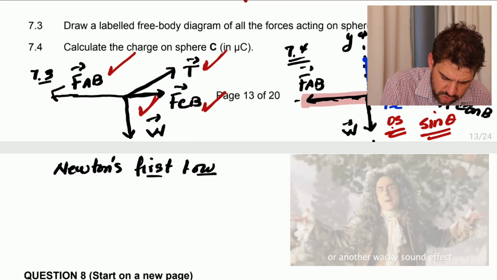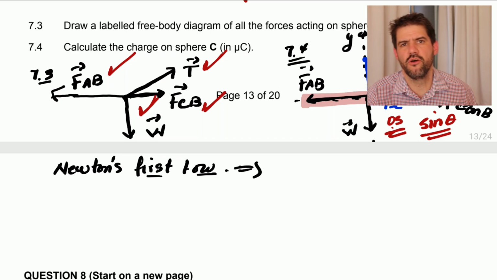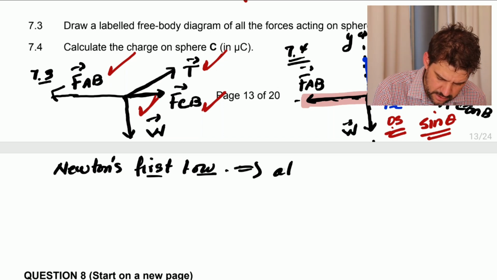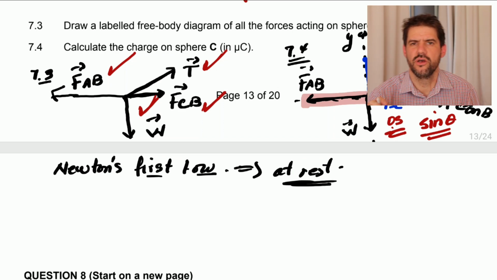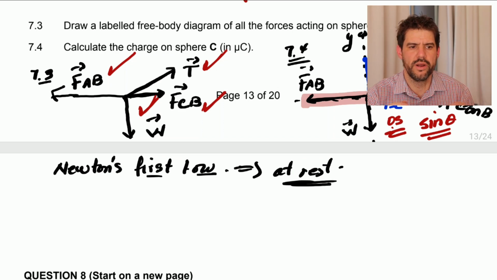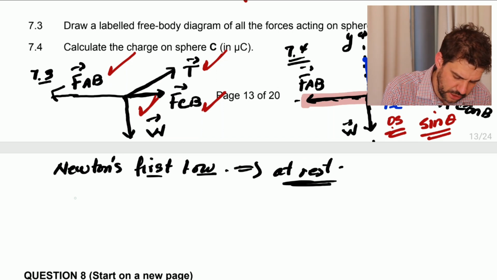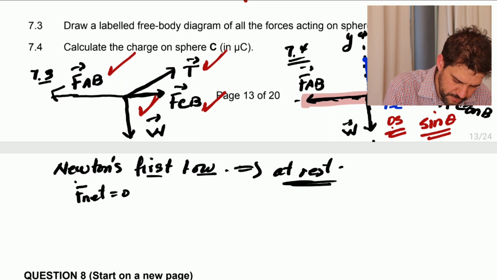Now, why am I using Newton's first law, guys? Because the object is not moving. It is at rest. According to Newton's first law, when the object is at rest, we have to say that F net is equal to 0.